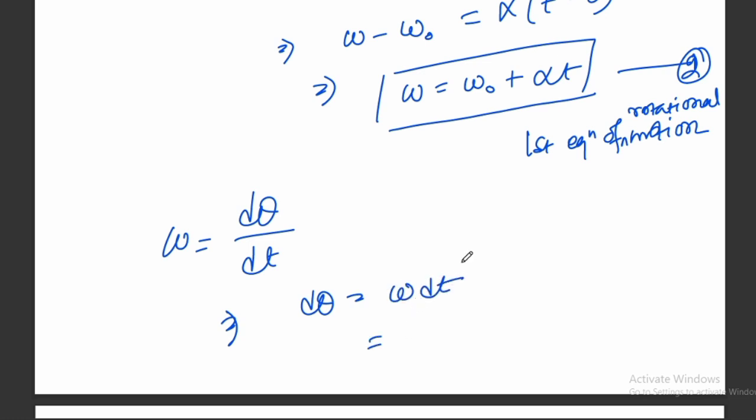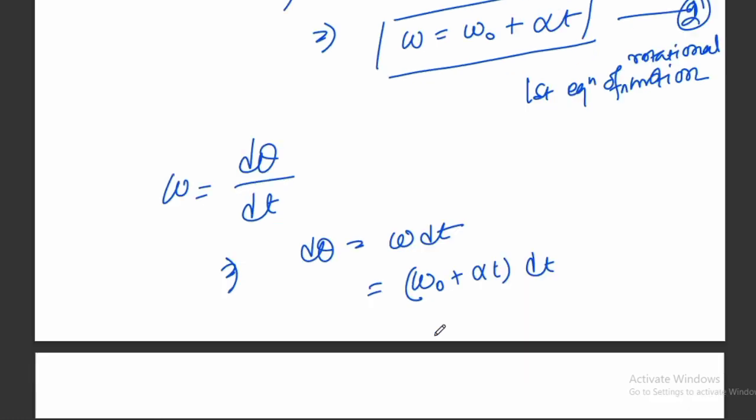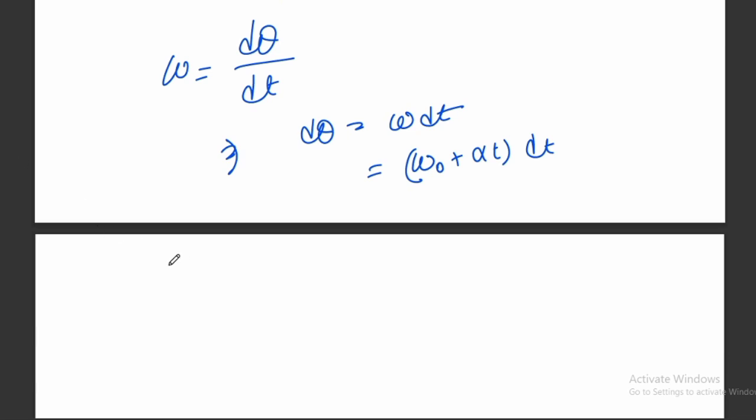Now let's put the expression of omega here. So this is omega naught plus alpha t, and dt. So it will be d theta equals omega naught dt plus alpha t dt. Let's name it as equation 3.